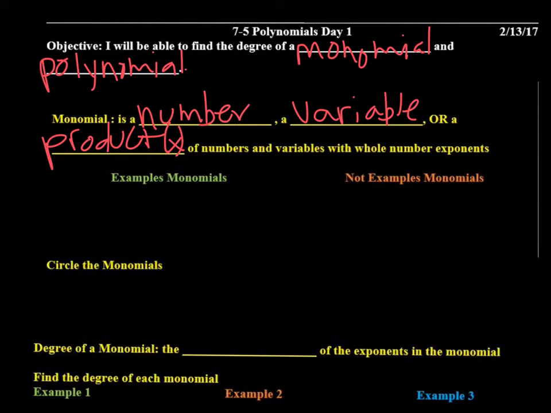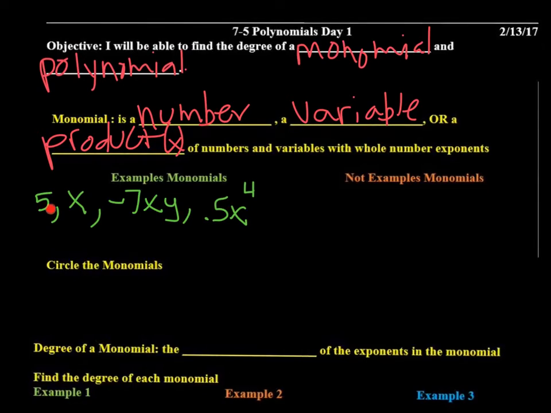So for example, a number, so like the number 5, that is a monomial. Something like a variable like x by itself is also a monomial. Or a product, so something like -7 x times y, that is also a monomial. Or something raised to an exponent, like 0.5x to the power of 4.